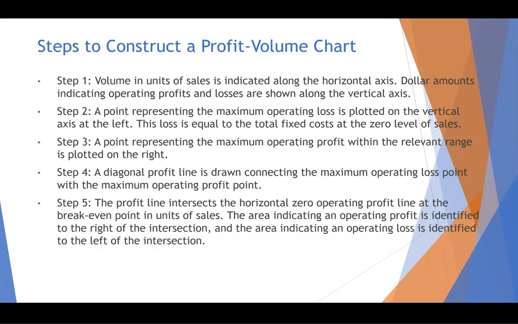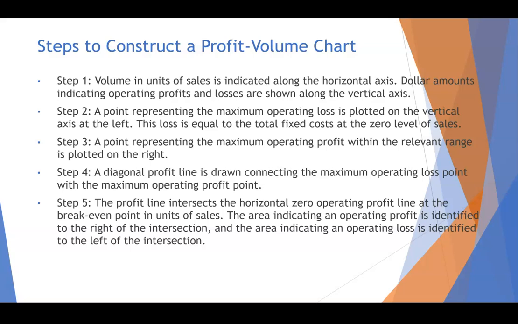The profit-volume chart is figured in 5 steps. Our volume in sales goes on the horizontal axis. Dollar amounts showing profits and losses are on the vertical axis. And then a point that represents the maximum operating loss gets plotted on the vertical axis to the left, a loss equal to the total fixed cost at the 0 level of sales.